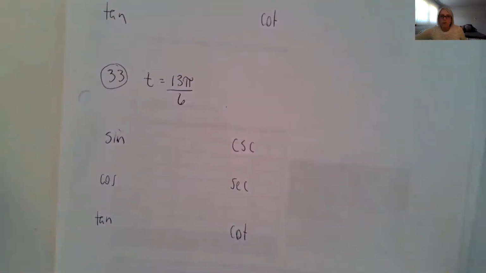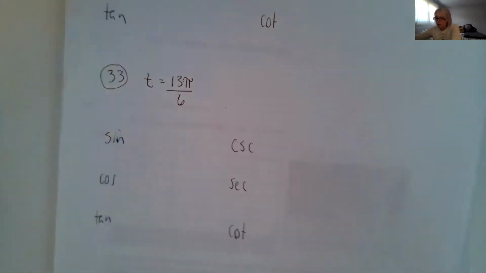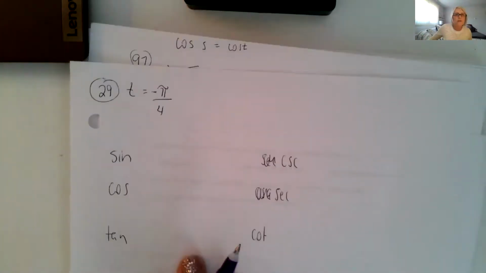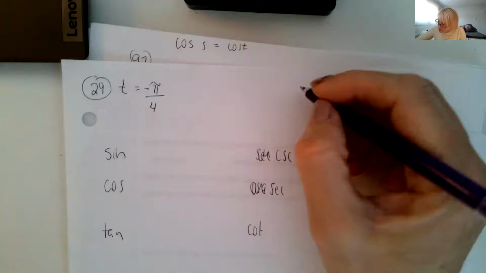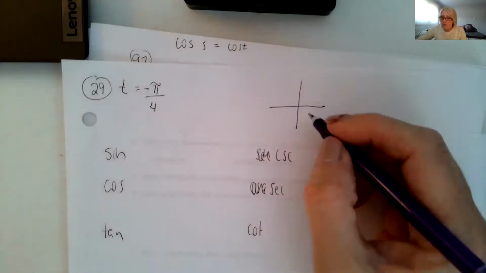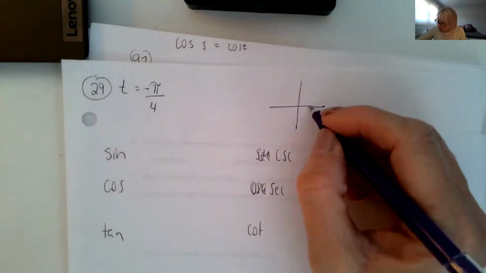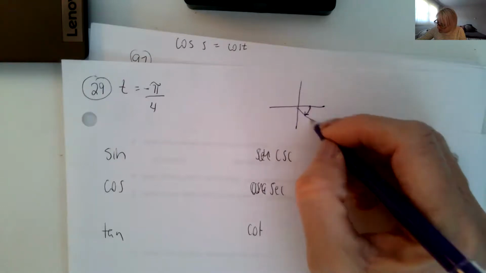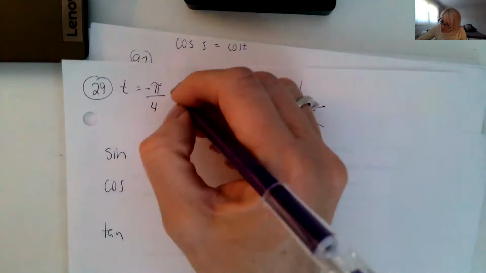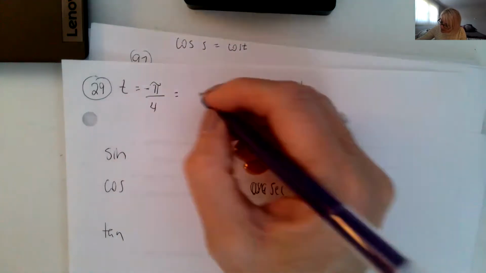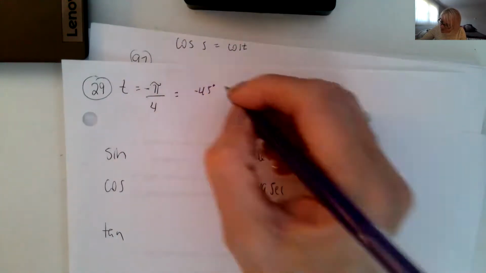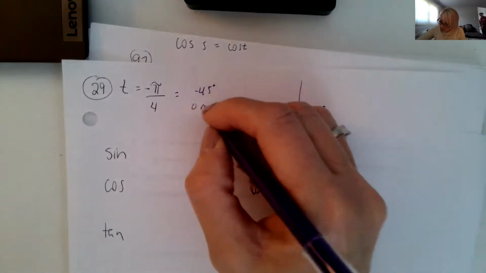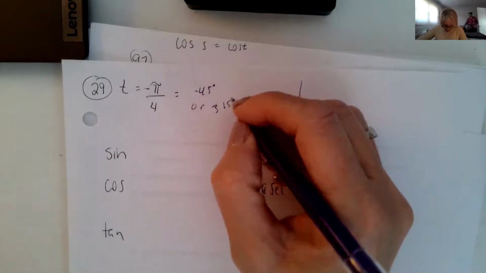Okay, so let's look at number 29. 29 is asking us to likewise find the 6 functions for negative pi over 4. So starting here, we're going to go a negative pi over 4. So that's right here. This is also the same as negative 45 degrees or a positive 315 degrees.